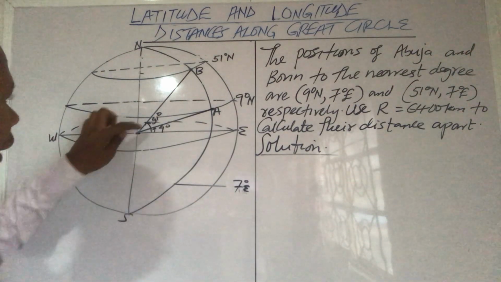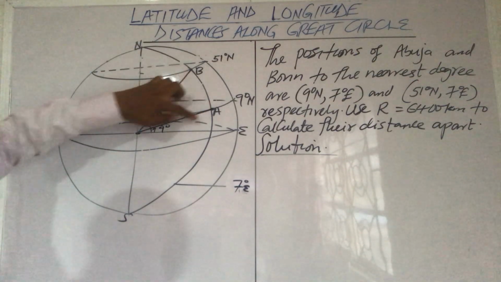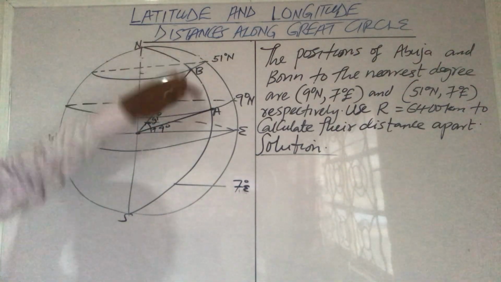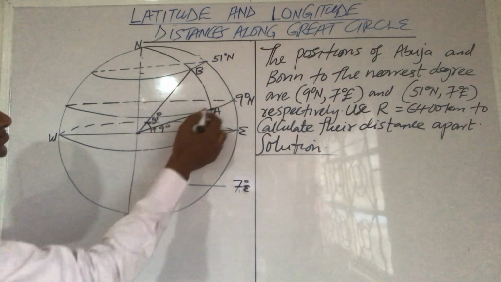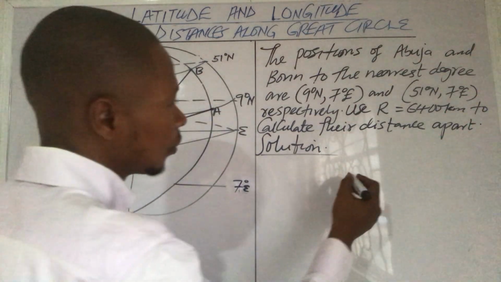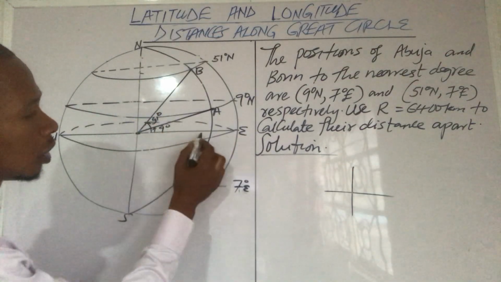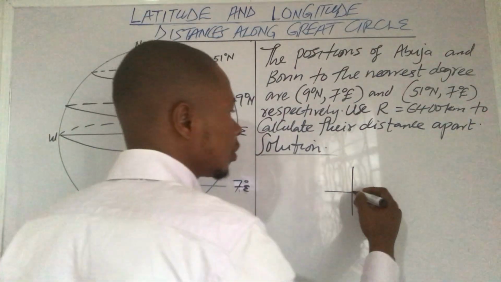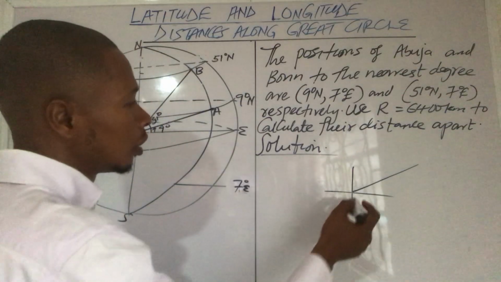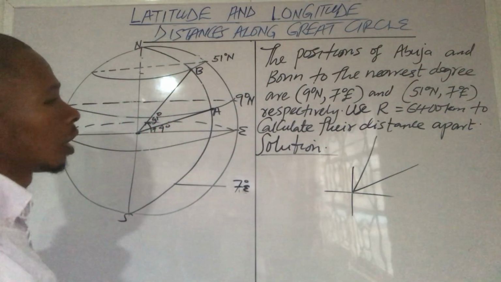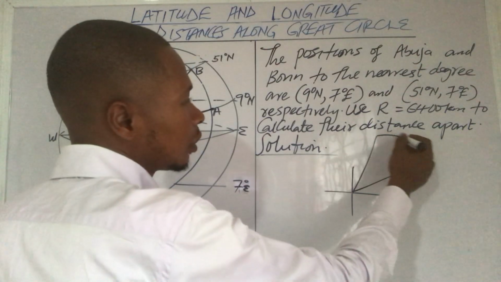So how will I get the angle between the two places? Let's assume I want to bring out this sector of a circle. You have this line for the A, and this line for the B. Then you have this arc joining them.